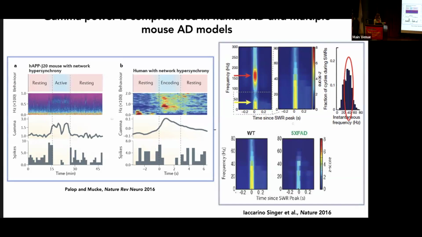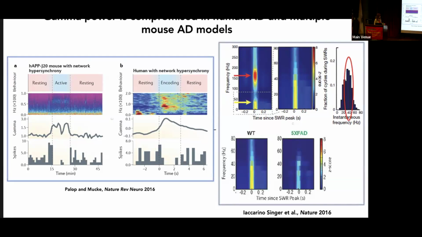In our own hands, about a decade ago, through collaboration with Boyden's laboratory, we wanted to see whether the gamma band compromise is an early event. So we worked with pre-symptomatic amyloid mouse model 5xFAD animals, and we performed local field potential recordings in the hippocampus of awake behaving animals.